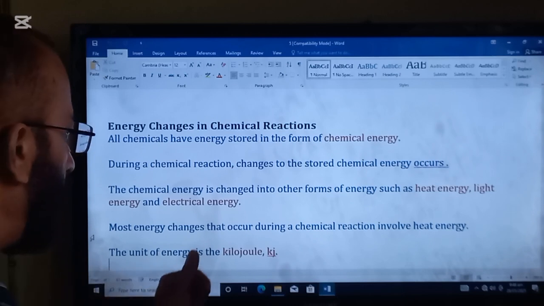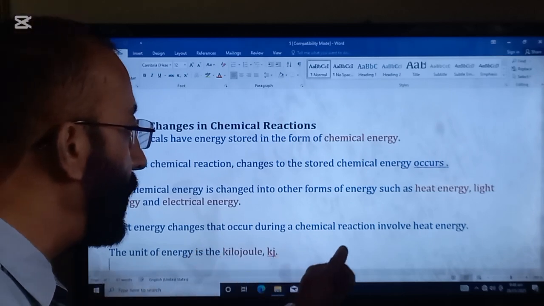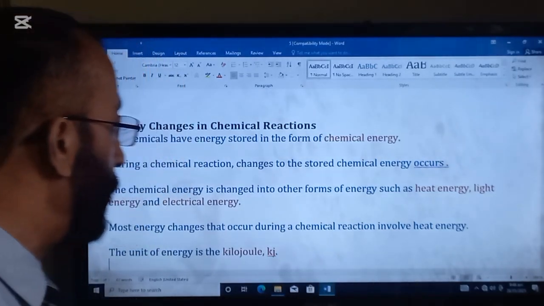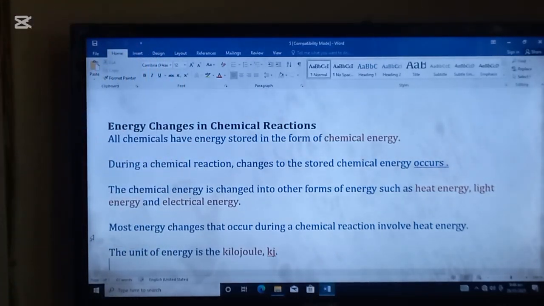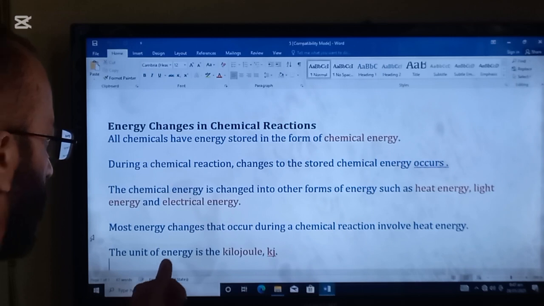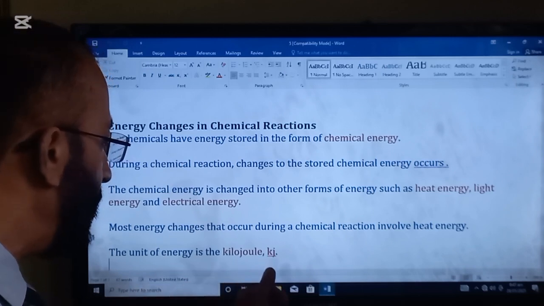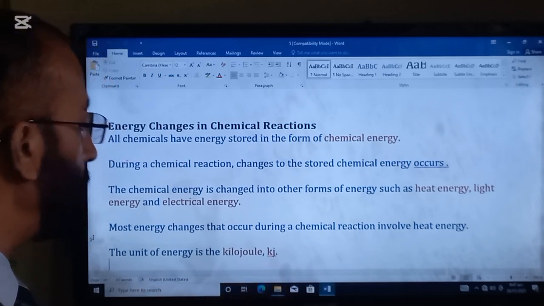Most energy changes that occur during a chemical reaction involve heat energy. The unit of energy is the kilojoule, represented by kJ.